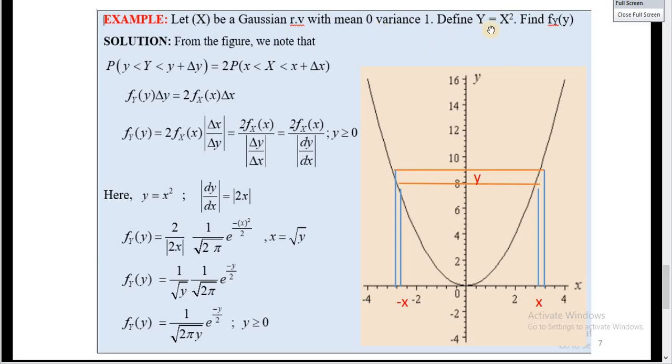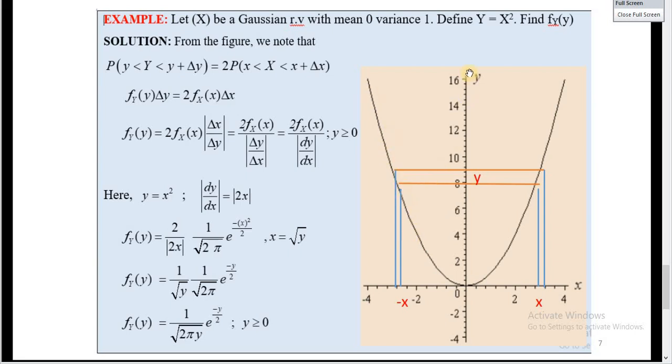So y equals x squared is not a strictly monotonically decreasing or increasing function. For the positive part of x, it's an increasing function. For the negative part of x, it's a monotonically decreasing function.